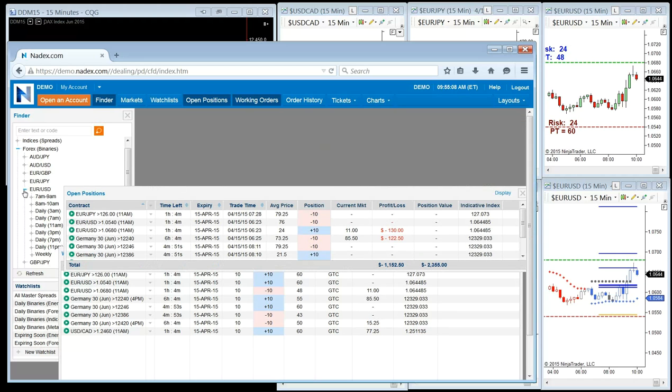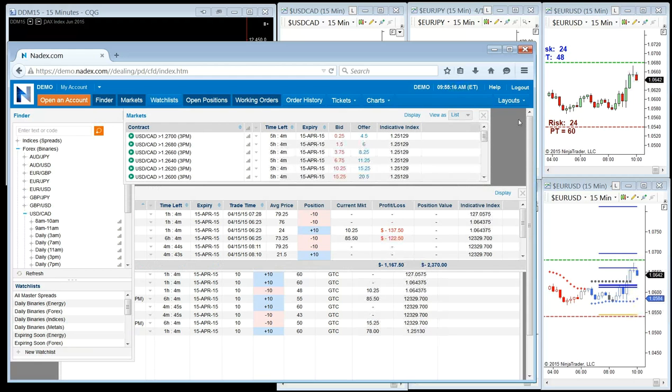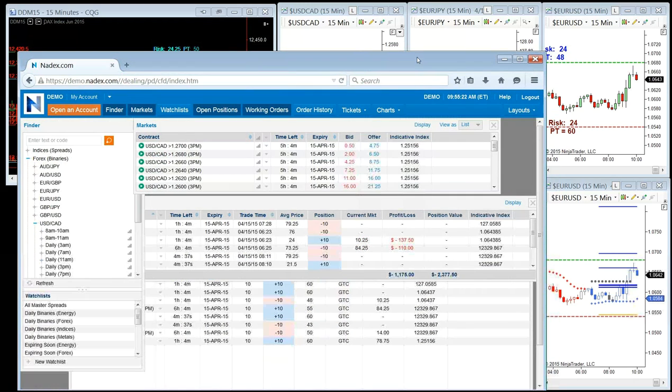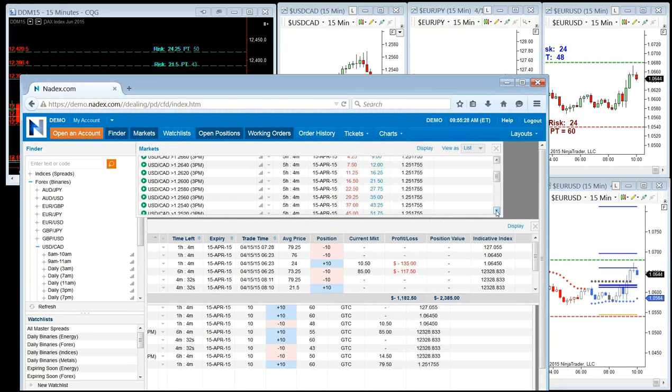I want to see the USD Canadian. 26.40. No, I can't do that one. Now, we don't have a Canadian on the long side, and we got a rate announcement coming out.